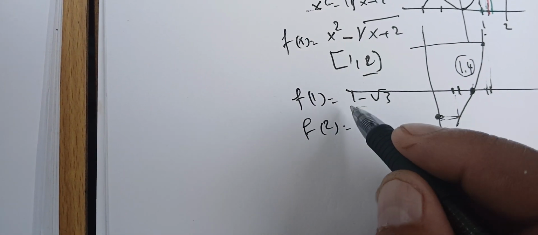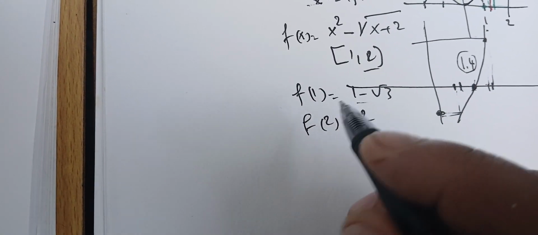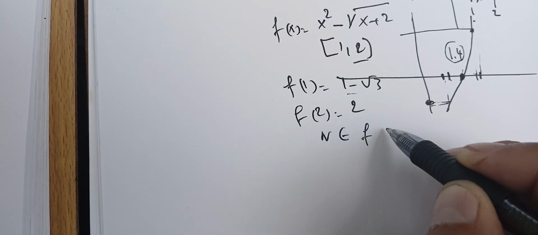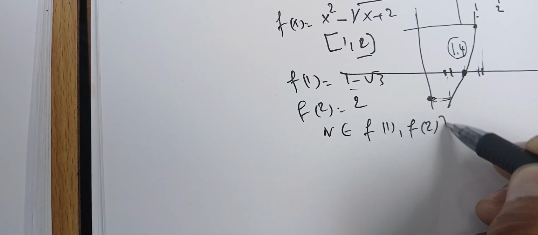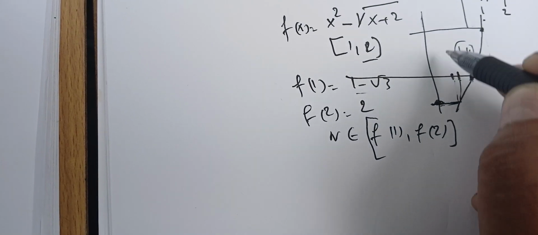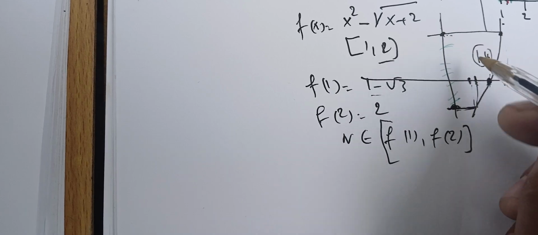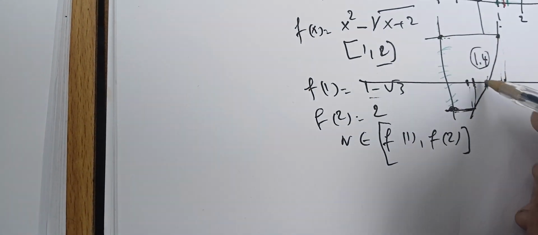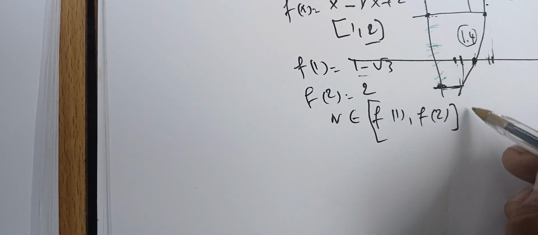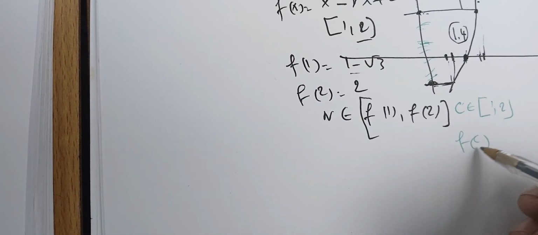The intermediate value theorem says if there is a certain n in this interval between f of 1, which is here, and f of 2, which is here, then there is some c in this interval [1, 2] such that f of c is n.